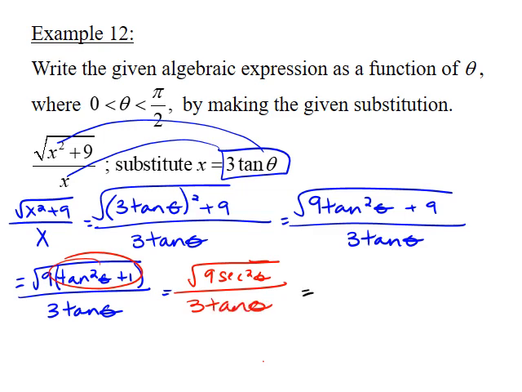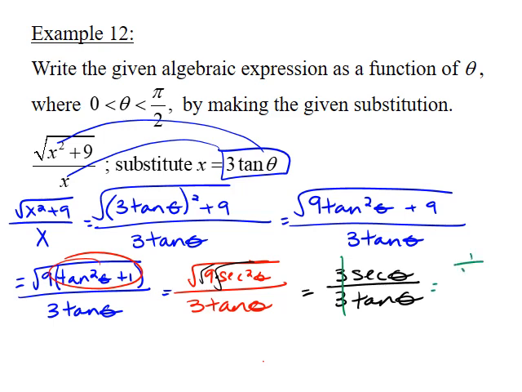In the top, since I have multiplication, I can take the square roots of these separately, and I end up with 3 times secant of theta, all over 3 tangent of theta. The 3's cancel, but now I want to rewrite the secant and the tangent.